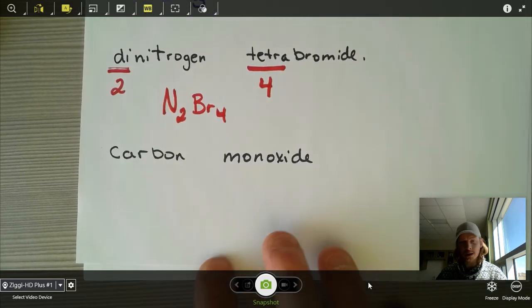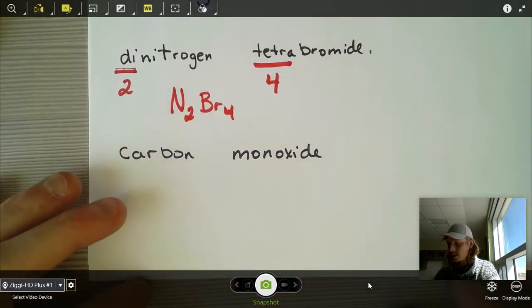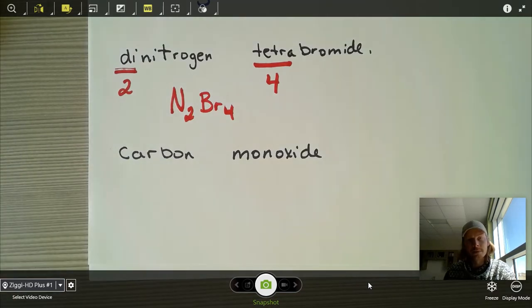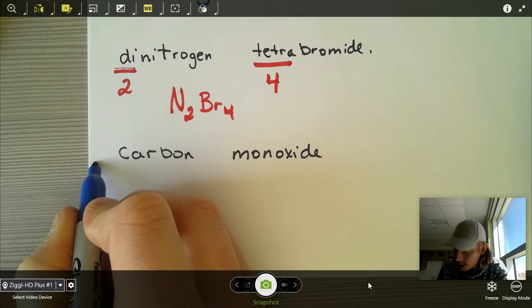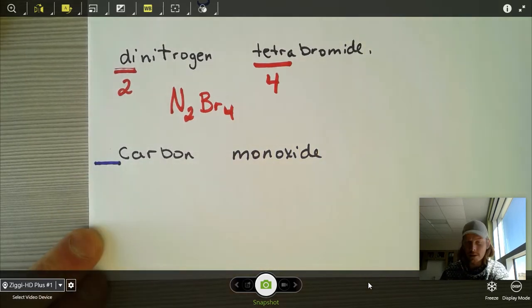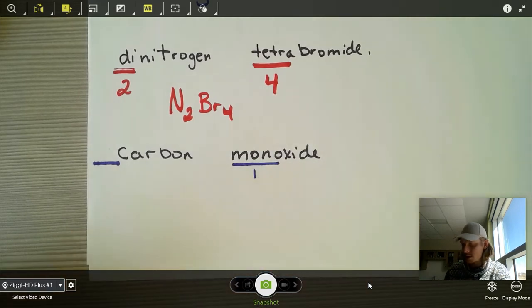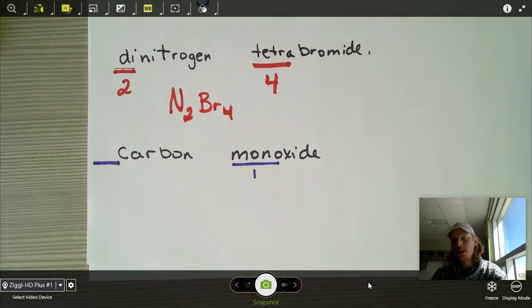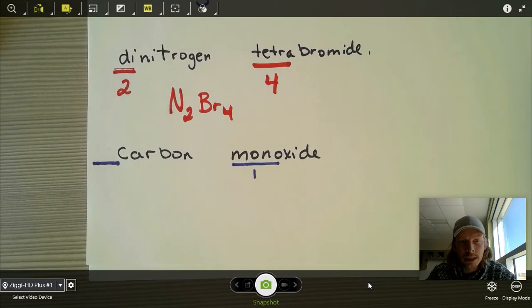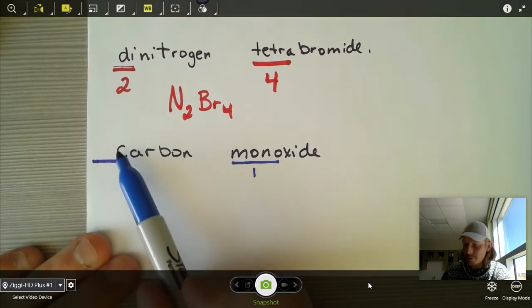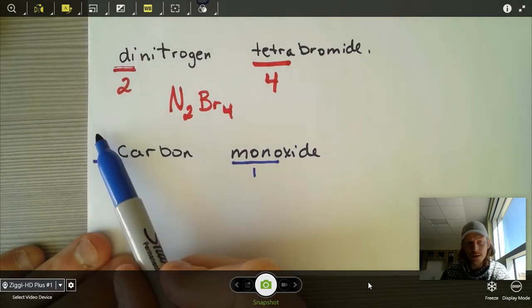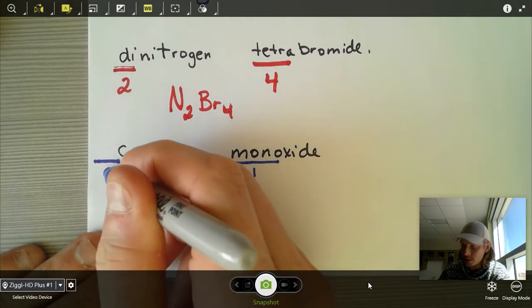Lastly, carbon monoxide. We might have seen this one before, but we can break it down as to why it is the way it is. Again, pause the video, take a shot at it, see if you get it. Okay, so carbon, just carbon, there isn't one there. And then mono, meaning one. So this is really the only rule that we need to remember when we're building these, is that when we don't have a name out in front of the first one, that just means it has one.